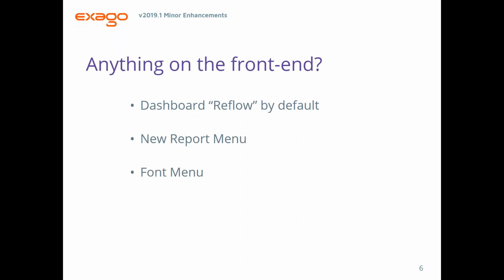We have some minor enhancements to the font menu to make it easier to use. And our maps, so Google Maps and Geo Maps, now have legend options, and action events can be enabled on those maps. So there are some extensibility examples. We'll likely do more in-depth labs on those in the future, so I'm not going to dive too deep on those, but I wanted to mention them.